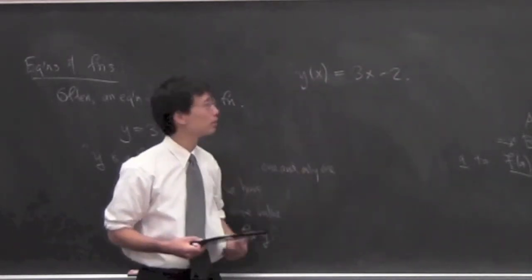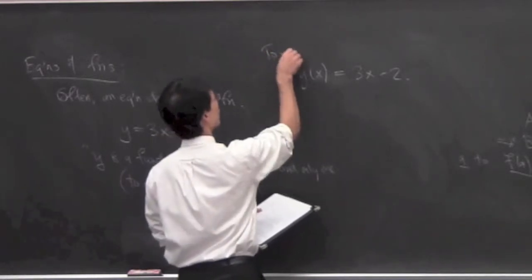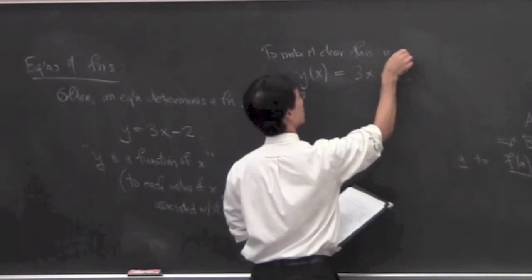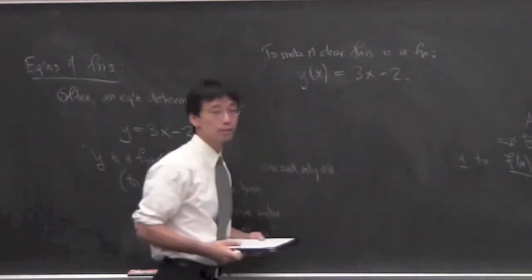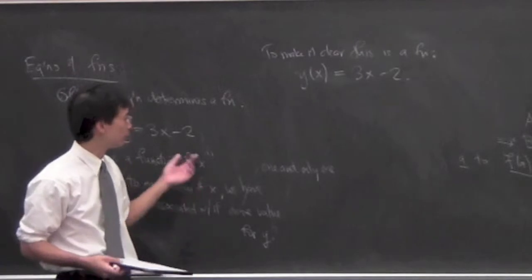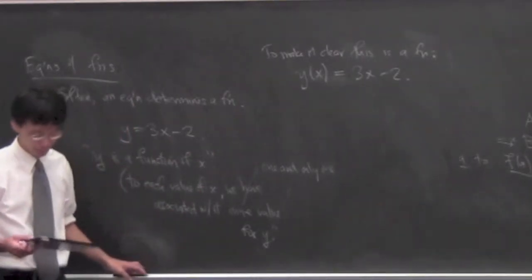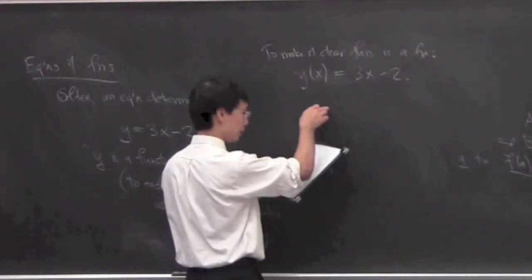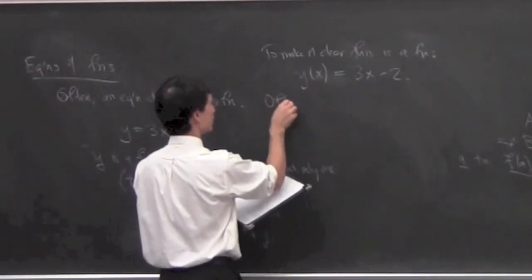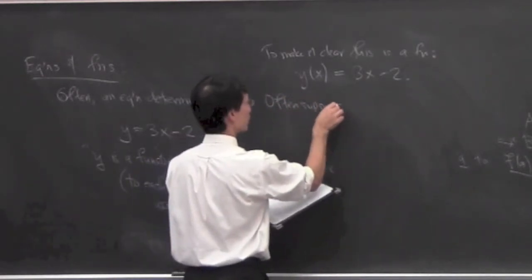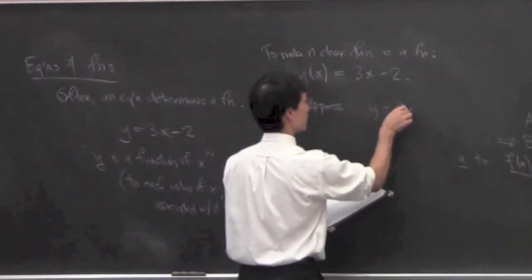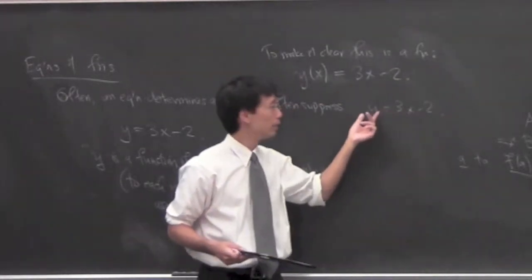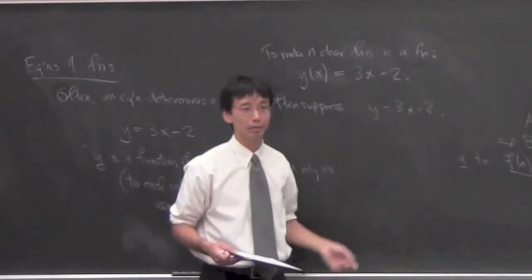Y is a function of x. But you could just as well suppress that, so we often suppress it and just write y equals 3x minus 2. We call y the dependent variable and x the independent variable.